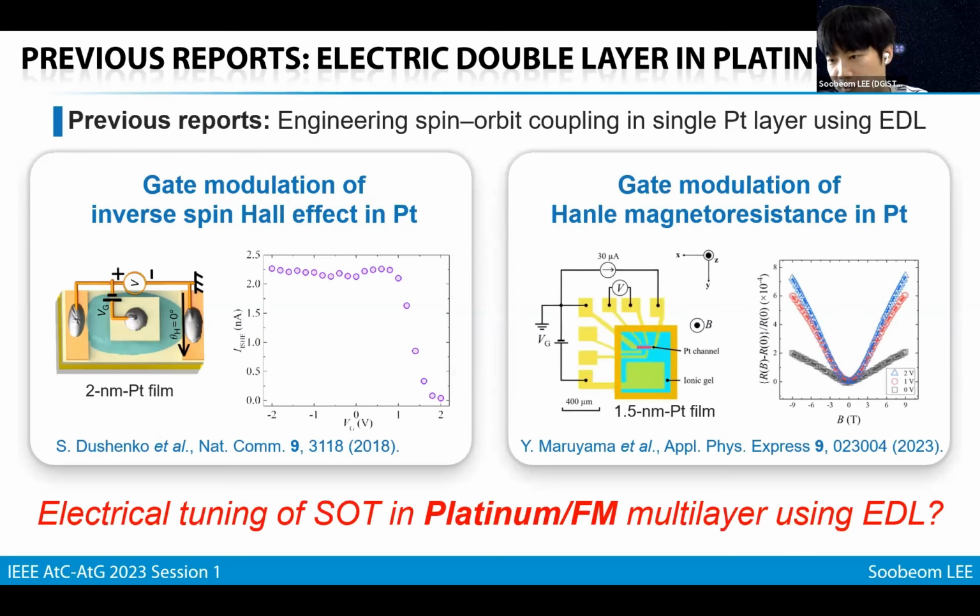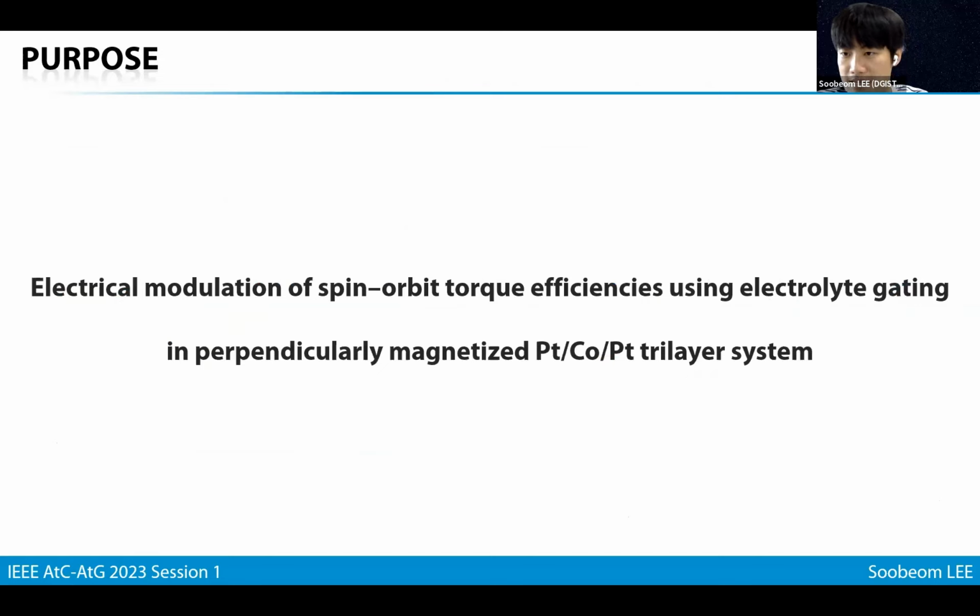Following the previous research, we are now curious if it is possible to electrically tune the spin orbit torque using the electric double layer. So in this study, we aim to electrically modulate spin orbit torque efficiencies using electrolyte gating in a perpendicularly magnetized platinum, cobalt, platinum trilayer system.